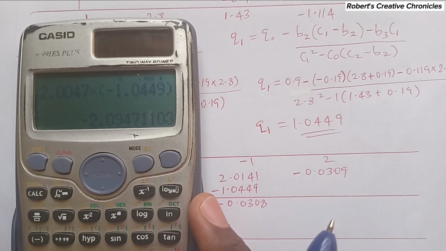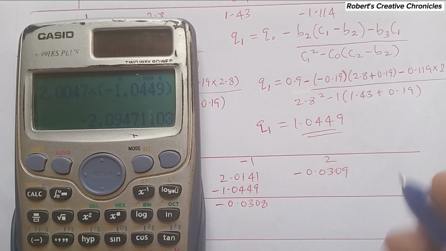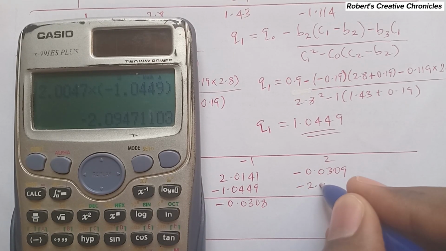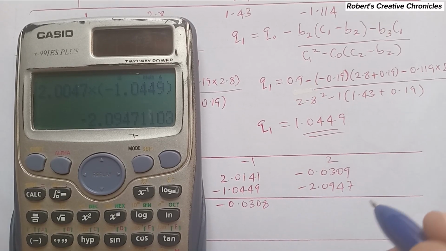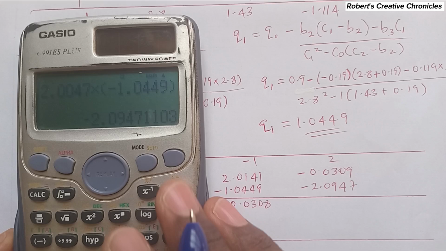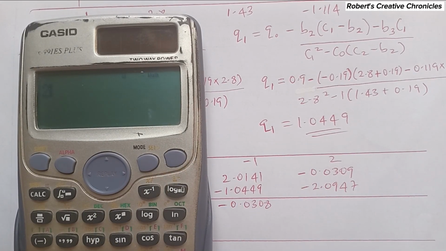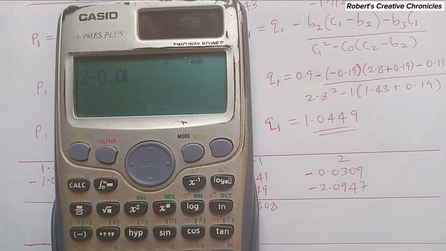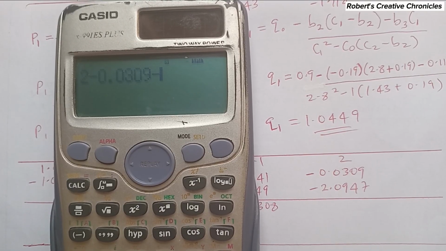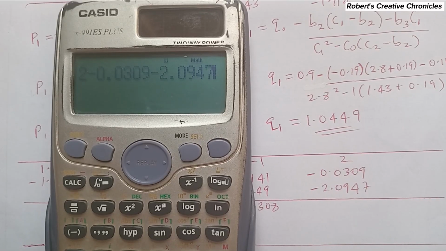Now this is negative 2.0947. And then we'll add this 2 minus 0.0309 minus 2.0947.